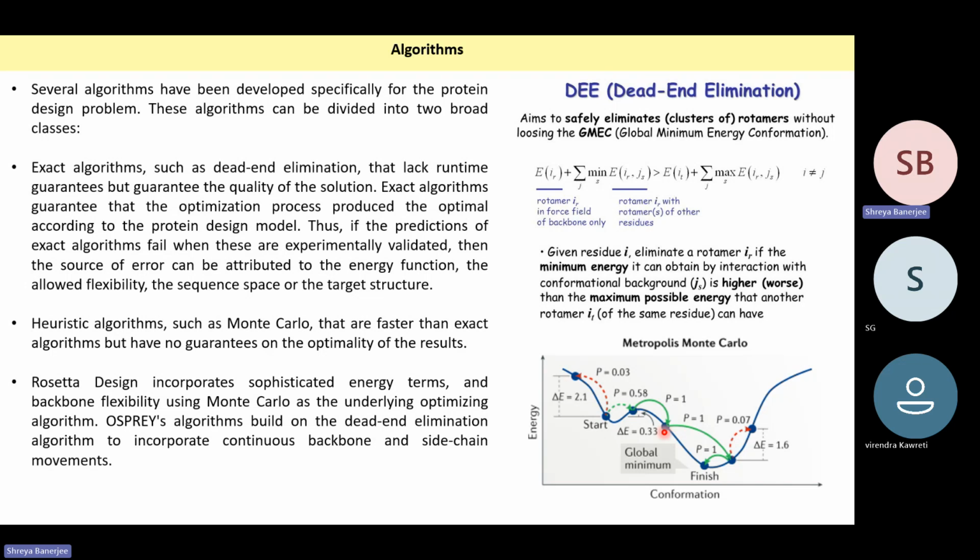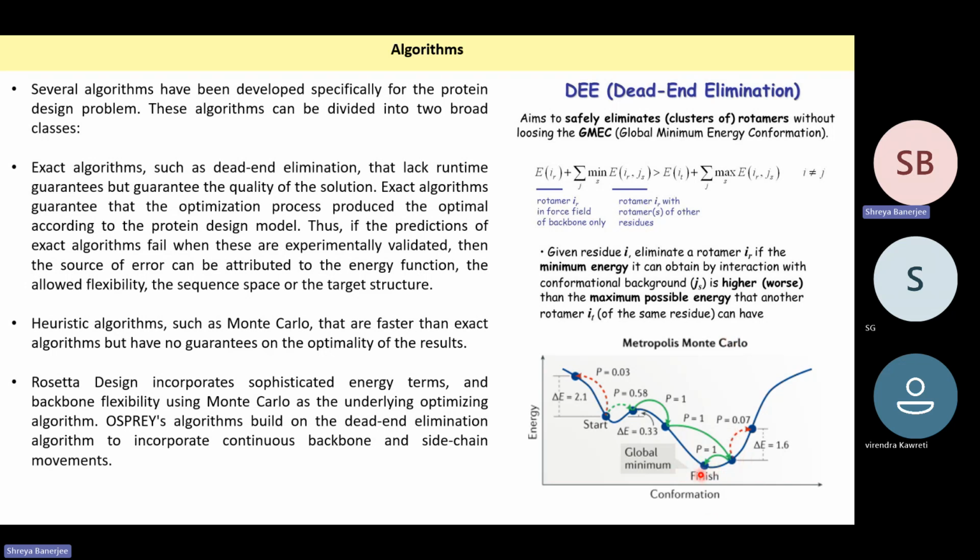Again, the probability of going from here to here is 1, so definitely it will go here. But the probability of going forward is very low, 0.07. So this path will not be taken, it is shown in red. Like that, by jumping from one conformation to another, the Monte Carlo algorithm gets to the lowest energy conformation.